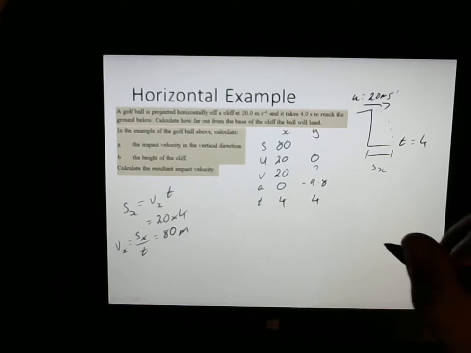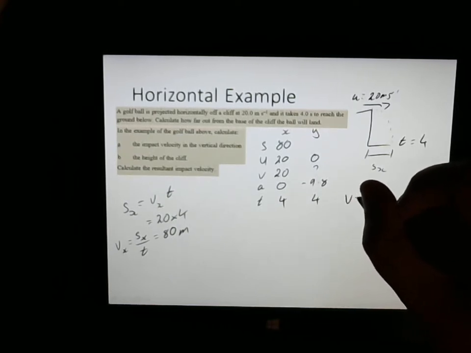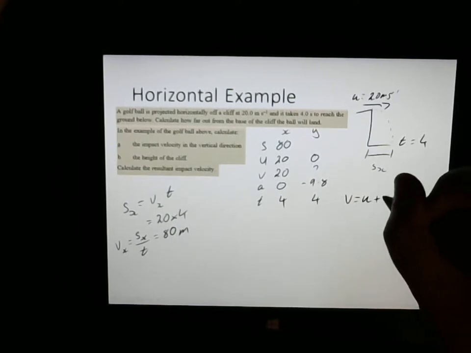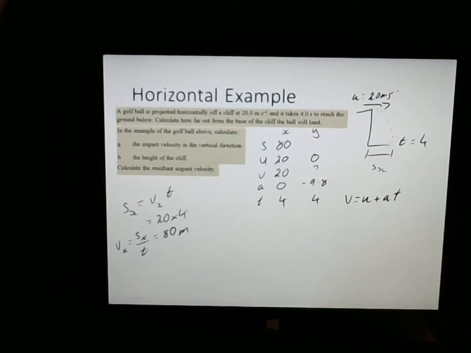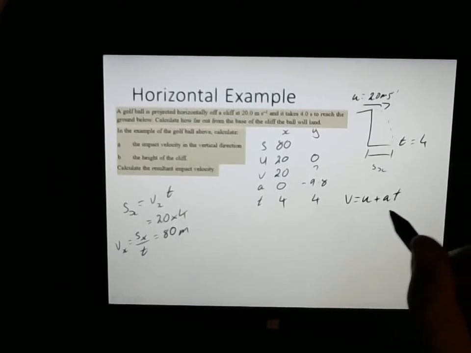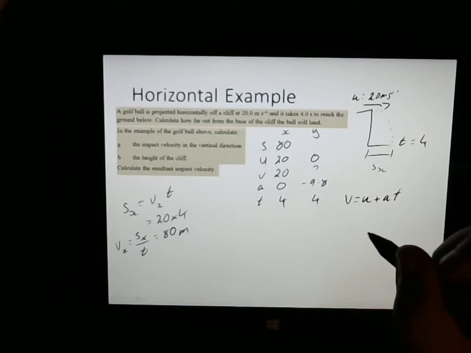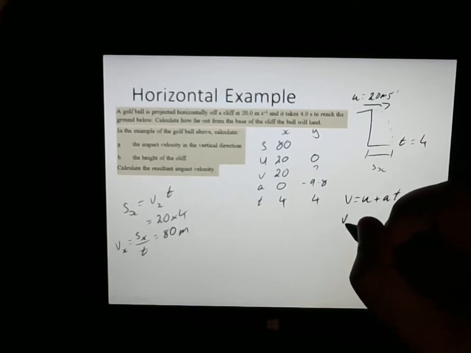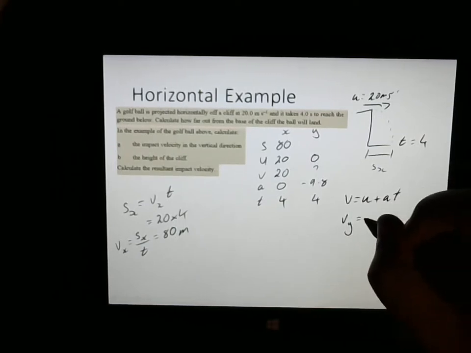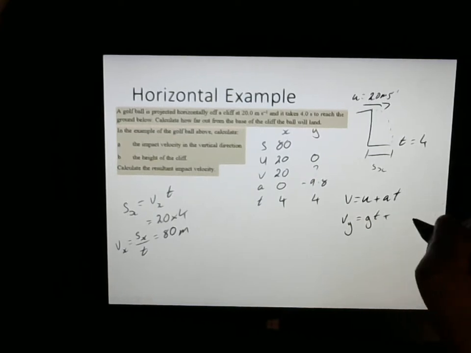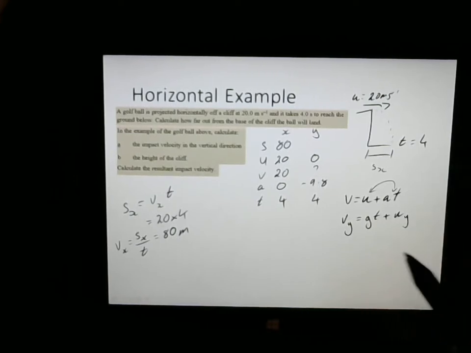And so if I think about it, I know that my formula is v equals u plus at. Now, the problem is the text does not write it like this, and the syllabus doesn't either. It will write it as vy equals gt plus uy. It swapped these two around. I don't know why. I think that's a bit silly.